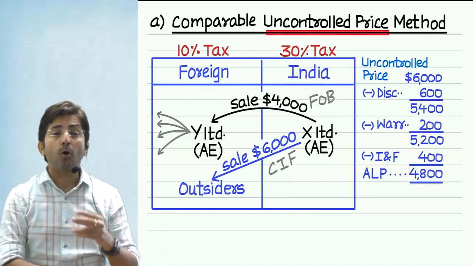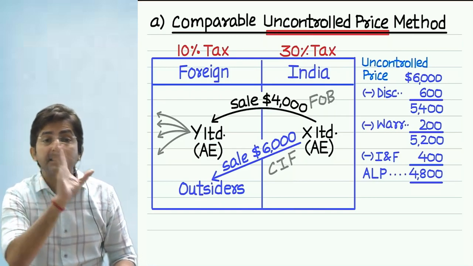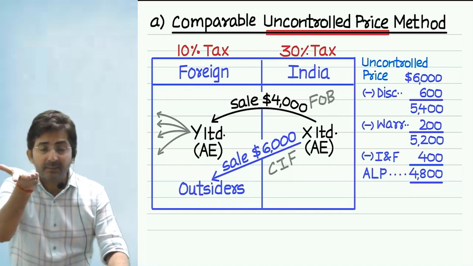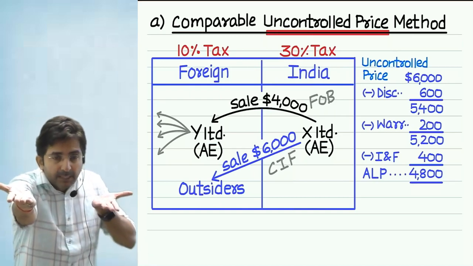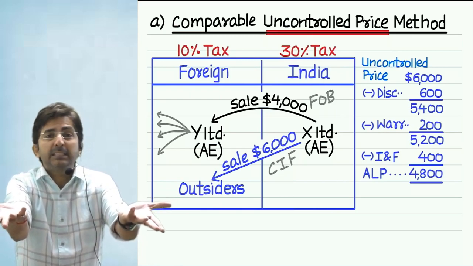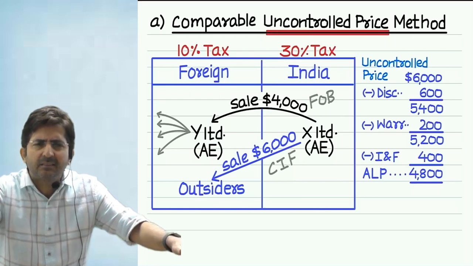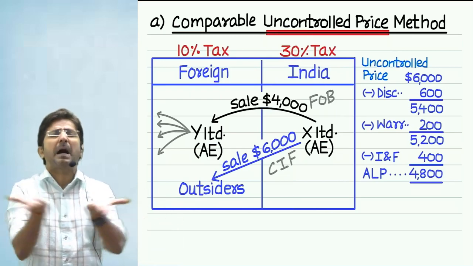Assuming there are no more differences between the sale from X to Y and the sale from X to outsiders. Only 3 differences were there, and these differences we have nicely reconciled. After reconciling the differences, the transactions have come at par.